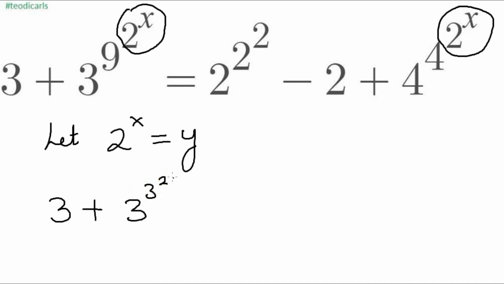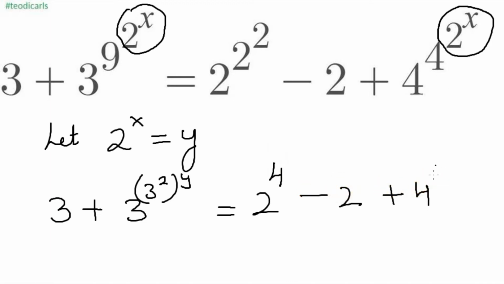So it is having the power of y now. Same way we can calculate this. You can see 2 to the power 2 can be written as 4, negative of 2 plus 4, and 4 to the power 4 can be written as 2 to the power 2. And in the bracket we have the variable which we have let it be y.